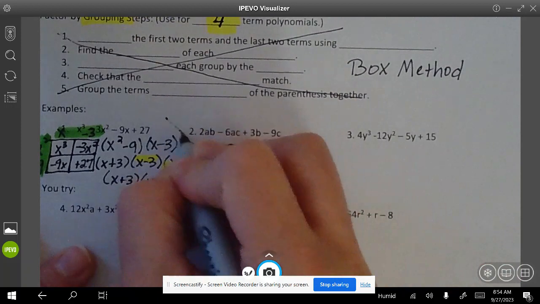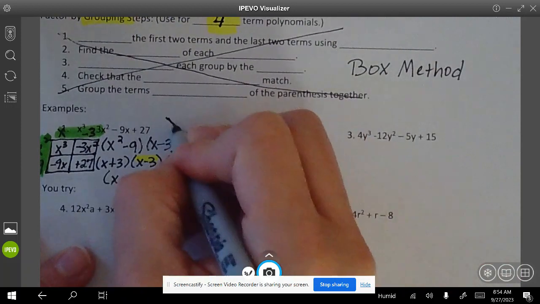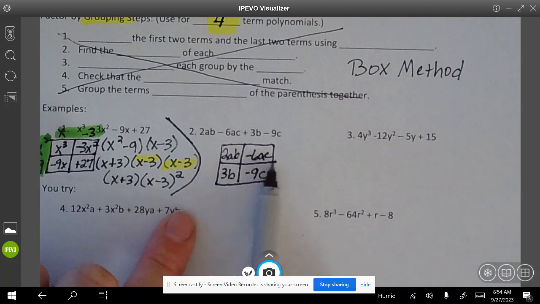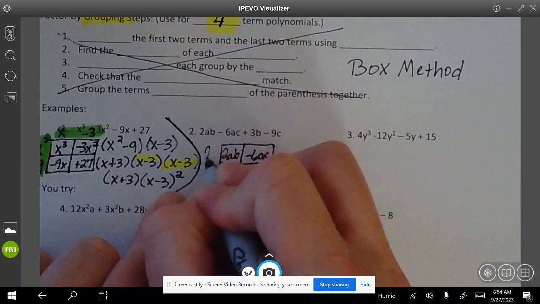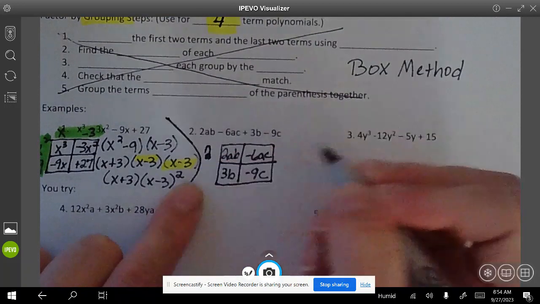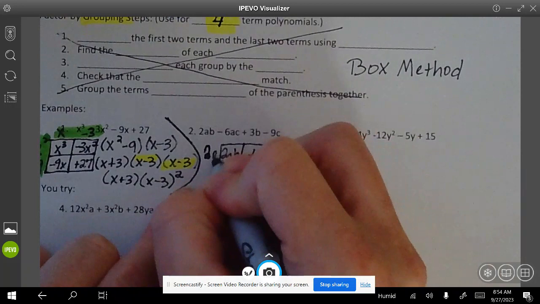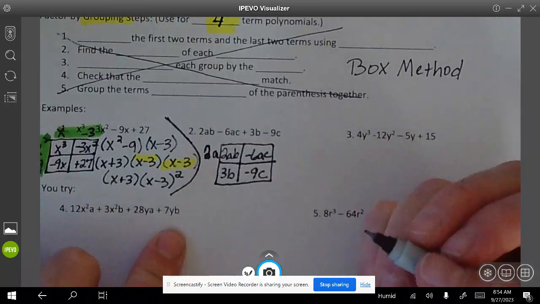I'm just going to draw a line here so that you guys can tell I'm working on a different problem. The first thing you ask yourself is, what is the greatest common factor across the top here? It's going to be a 2, because 2 and negative 6 have a 2 in common. And there's also an a in both of these. So 2a is my greatest common factor.